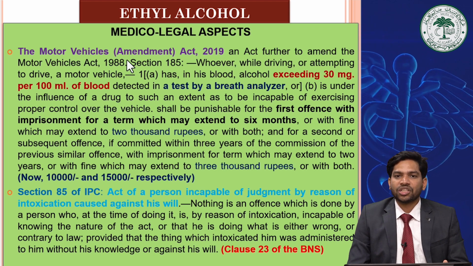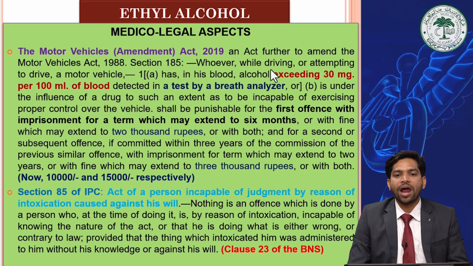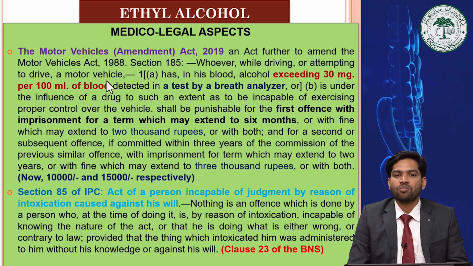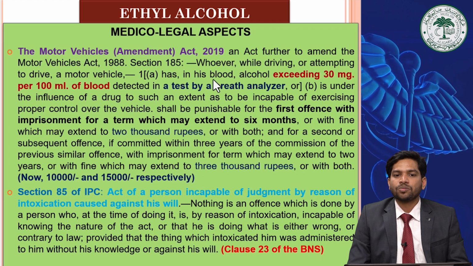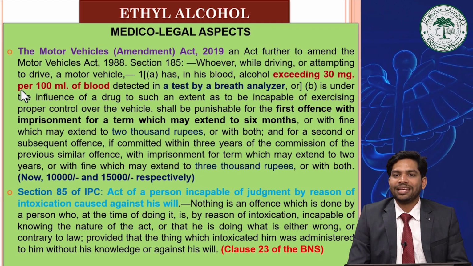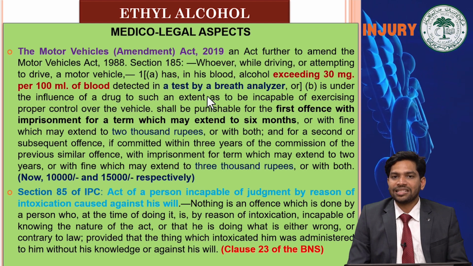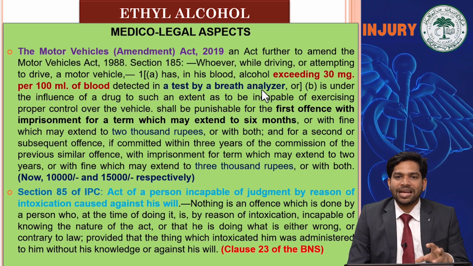In that, under Section 185, it has been explicitly written that whoever, while driving or attempting to drive a motor vehicle, has in his blood alcohol exceeding 30 mg%, that is 30 mg per 100 ml of blood, detected in a test by the breath analyzer. So even the instrument has been mentioned.